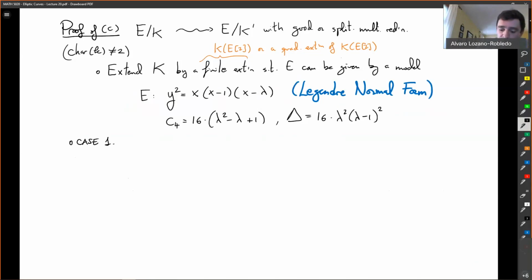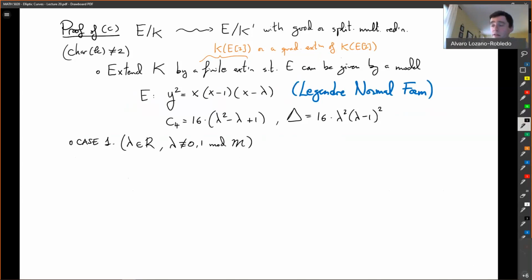Case 1 is lambda is an integer in your local field, and lambda is not 0 or 1 modulo the maximal ideal. Here K has already been replaced, so R is the ring of integers over a new extension where there is this model.